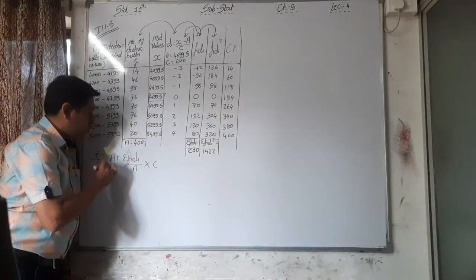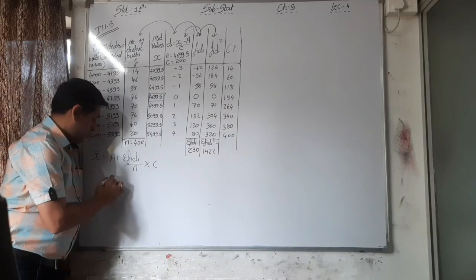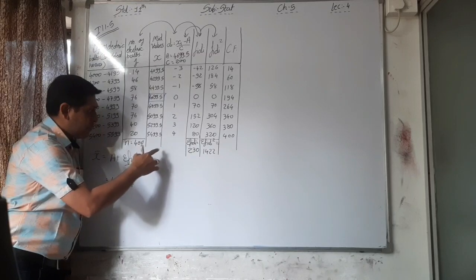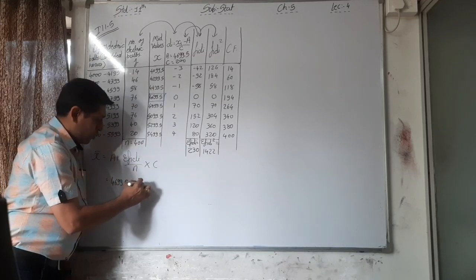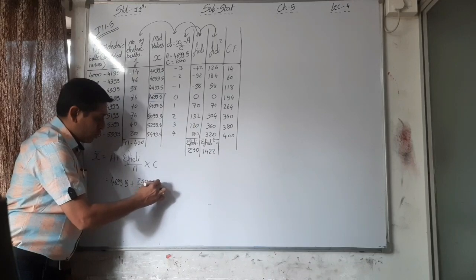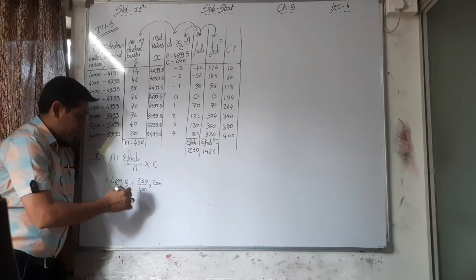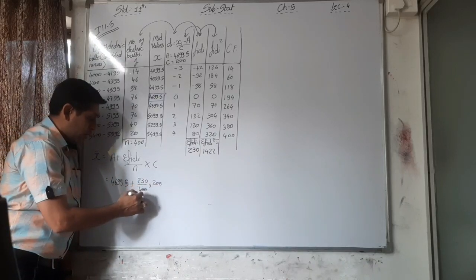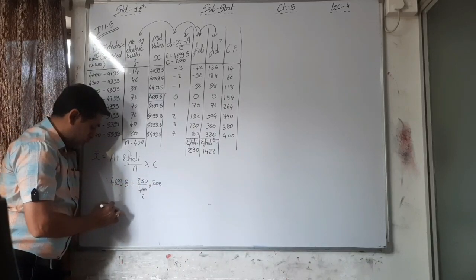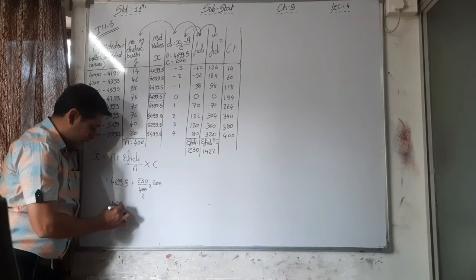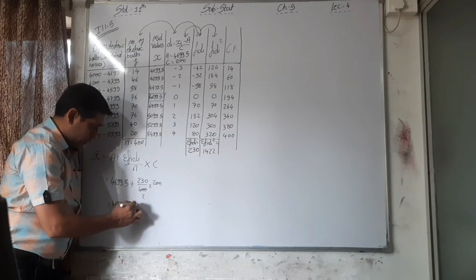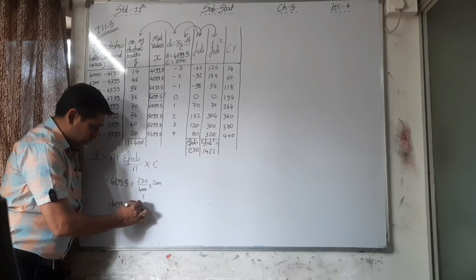Okay, now put the value. A is equal to 4699.5 plus sigma fi di 230 divided by 400 into C is equal to 200, class length is equal to 200. So 4699.5 plus 115.